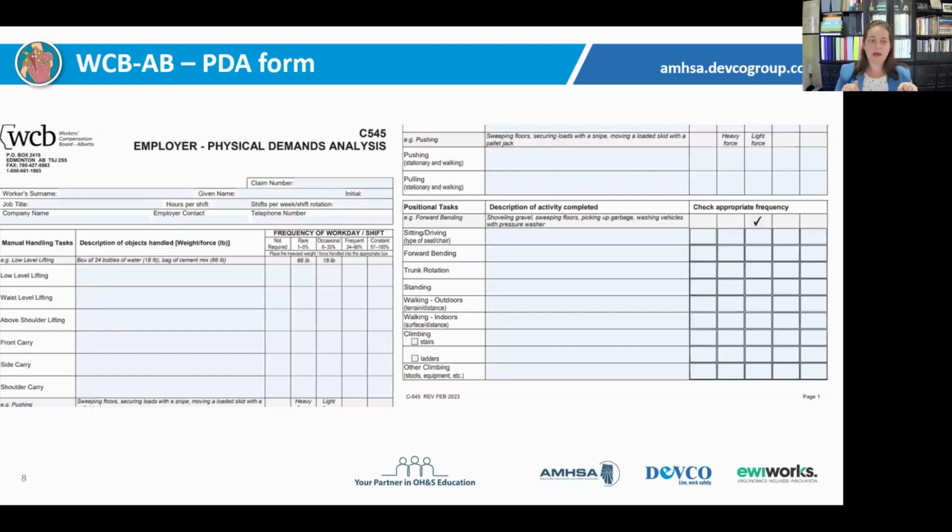So it looks at the physical demand and highlights all of the things that you would do if it's low level. I would consider low level to be anything below the waist. Waist level lifting would be near the waist, so probably knuckle height to about chest height. And when we're looking at above shoulder lifting, that's going to be at shoulder level and above, of course.